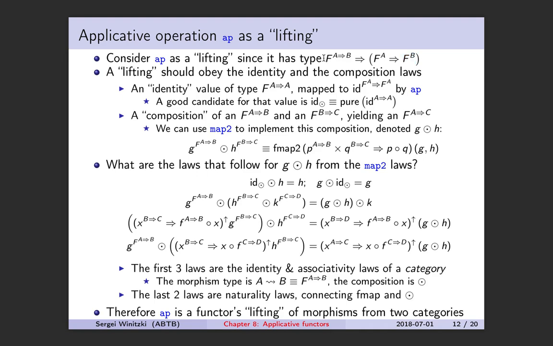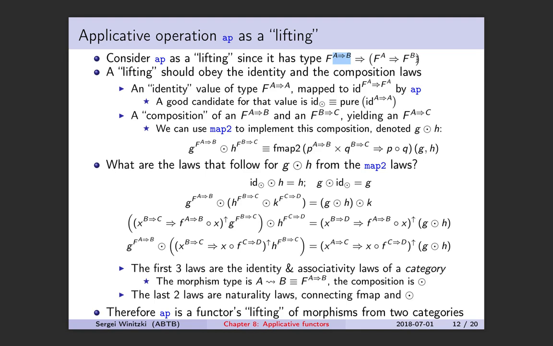Now, a lifting should have identity and composition laws, just like lifting of a functor would have type signature lifting from Fmap going like this, A to B into FA to FB. So that is a classic lifting, where we get our intuition about lifting. Now lifting in the functor case has identity and composition laws.